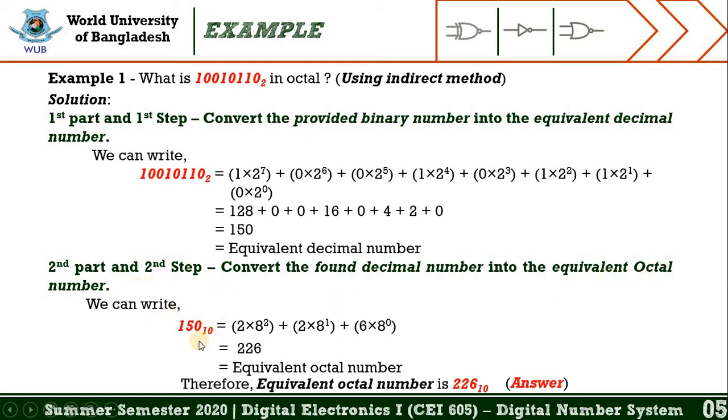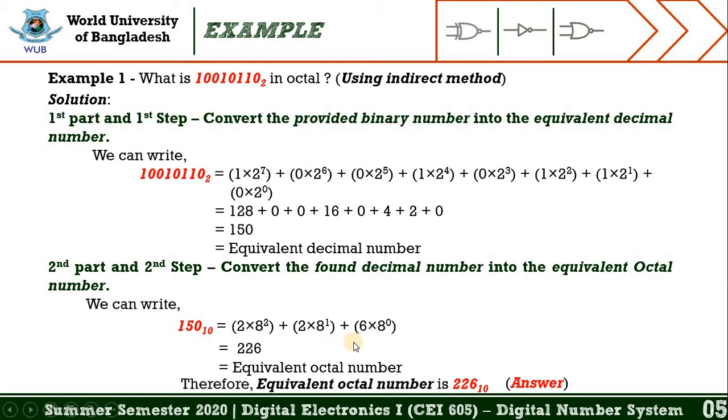So let's start. As we know, the found decimal number is 150, and we need to convert it into the equivalent octal number. So we can write 150 equals 2 into 8 to the power 2 plus 2 into 8 to the power 1 plus 6 into 8 to the power 0.